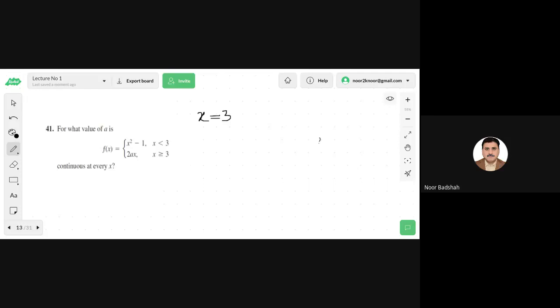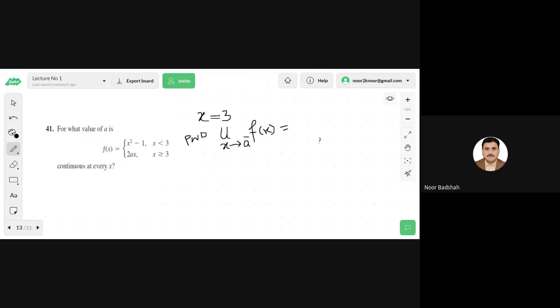So for that, what would we do? We would find the left hand limit. How do you find the left hand limit in case of piecewise defined functions? Let me do that generally. If you find the limit as x goes to a of f of x, it's a general concept. In case of a piecewise defined function, what do we do?